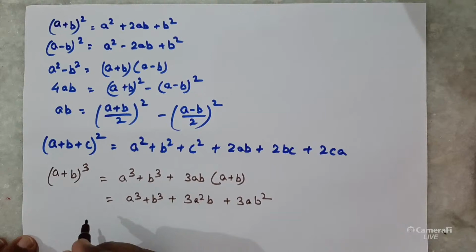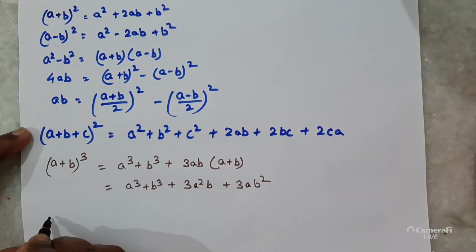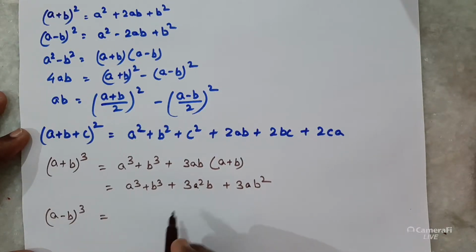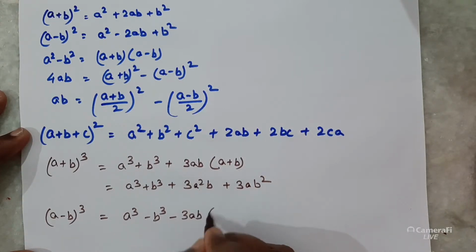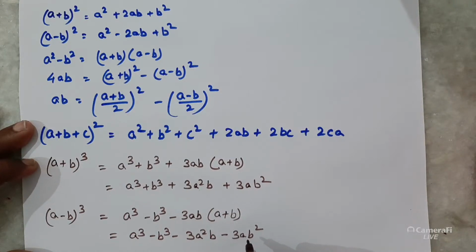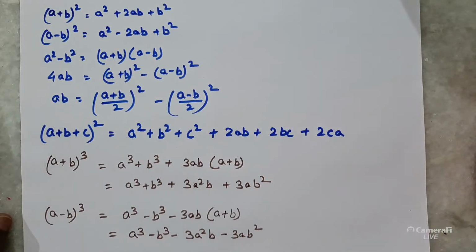Okay. Next is a minus b whole cube. A minus b whole cube will be equal to a cube minus b cube minus 3ab of a plus b, or a cube minus b cube minus 3a square b minus 3ab square. This is the formula.